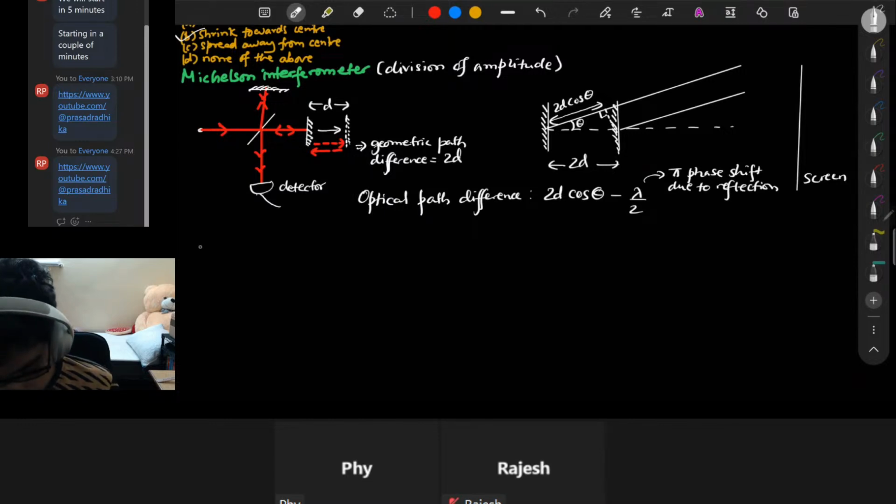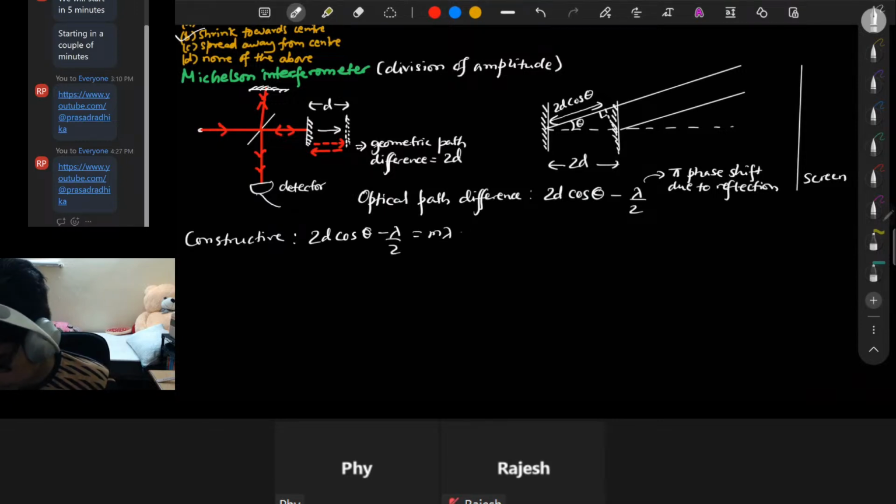Now, for the case of constructive interference, we have 2d cos theta minus lambda by 2 equals m lambda. That means 2d cos theta equals (m plus half) lambda.